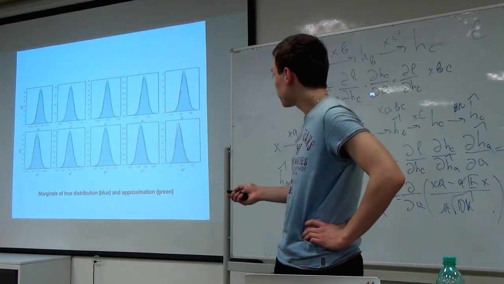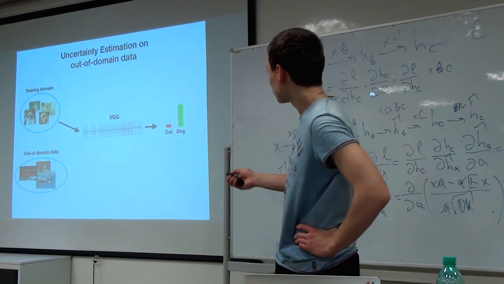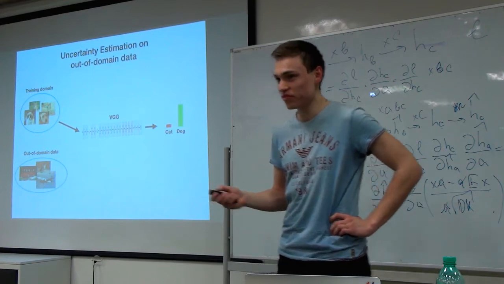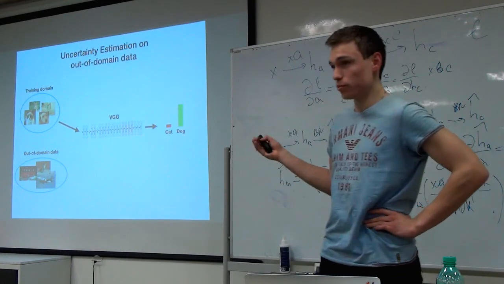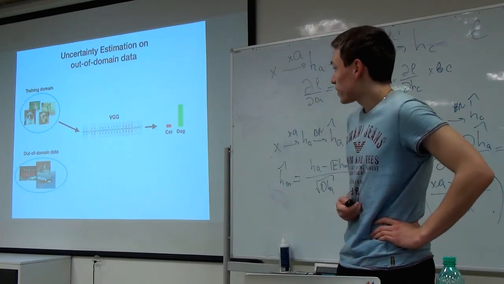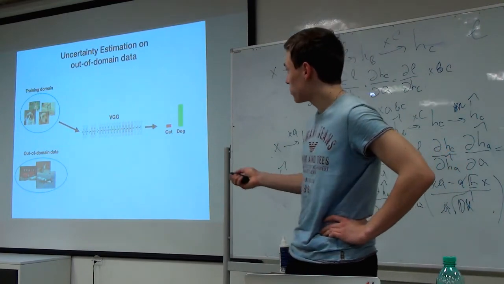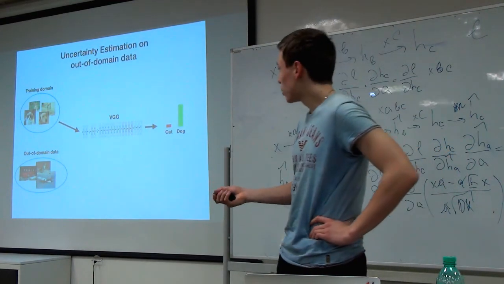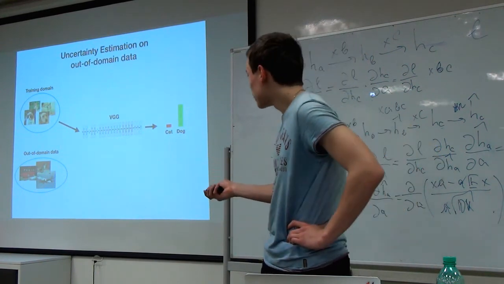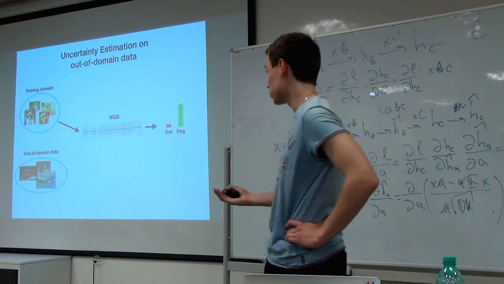And the first part of our work is uncertainty estimation. So let's look at the problem of uncertainty estimation. Let's consider the problem of training a classifier which classifies cats and dogs with some neural network, for example VGG or LeNet or whatever you want.